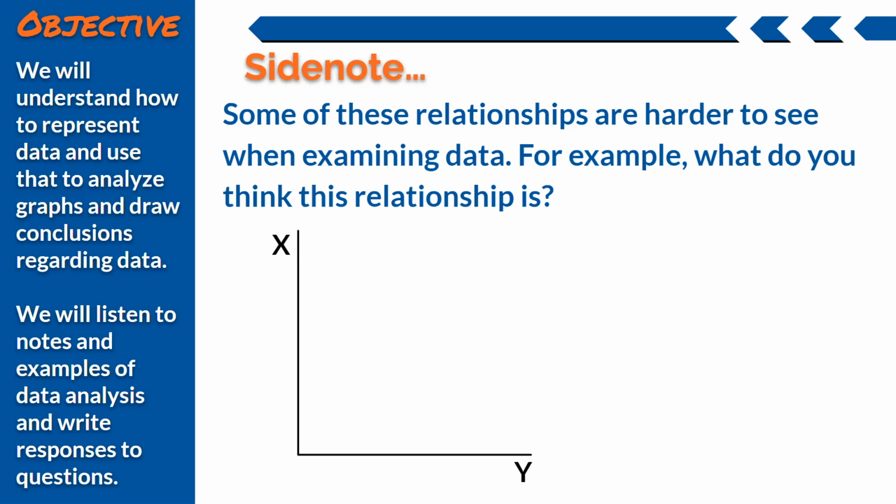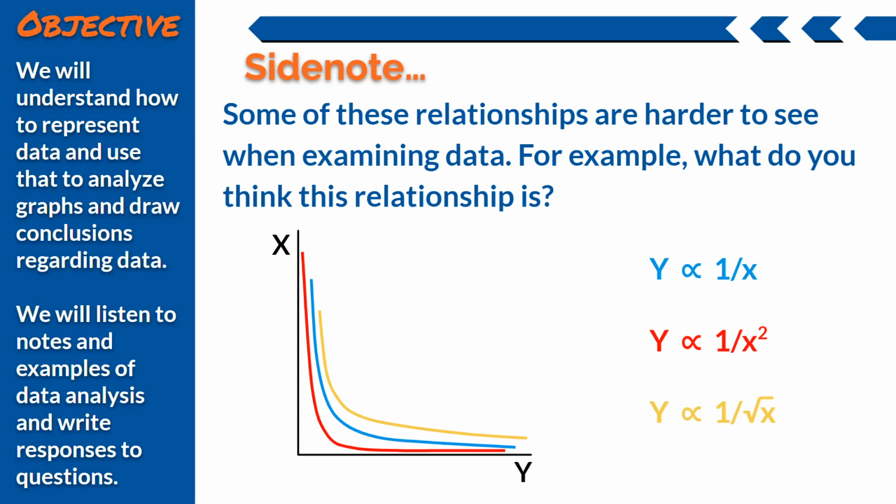So if I were to show you this, or this, or this, those all look pretty much the same. Okay, but one of these is 1 over x, one of these is 1 over x squared, and one of these is 1 over the square root of x. Okay, so we're going to talk more tomorrow about if you think it's inverse, how do I prove that it's inverse and not one of these other things? Okay, so that's more for tomorrow, just to lead into that.